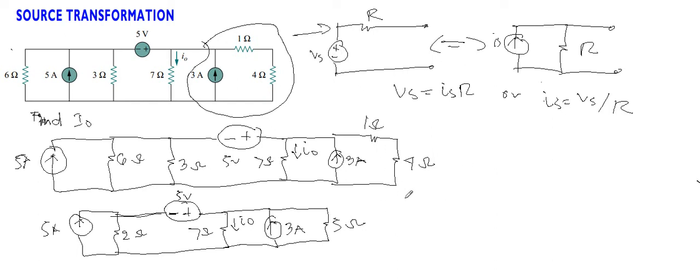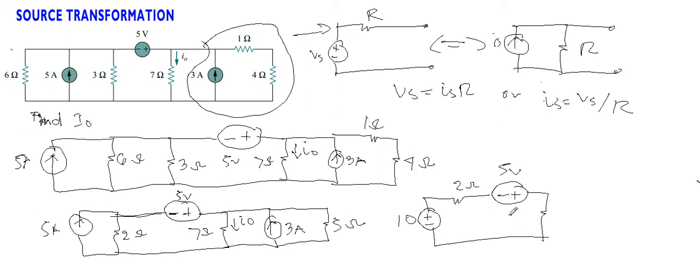Now we have 5 times 2, we have 10 minus plus. Tapos we have 2 ohms dito, we have 5 ohms. 7 ohms dito, we have IO.